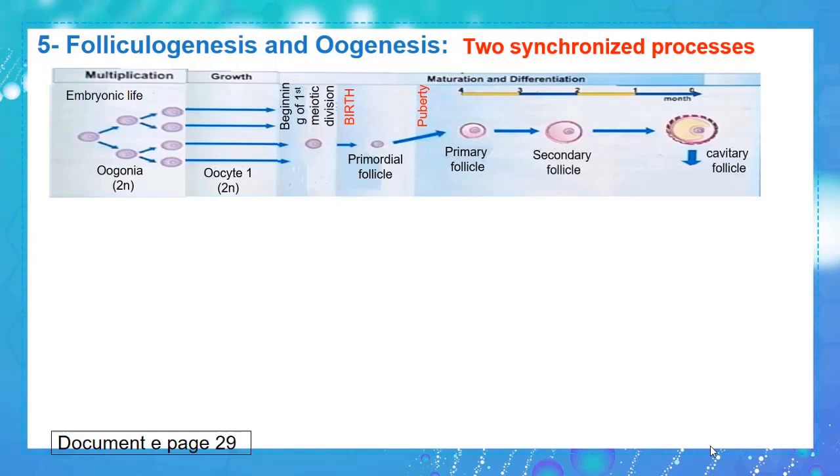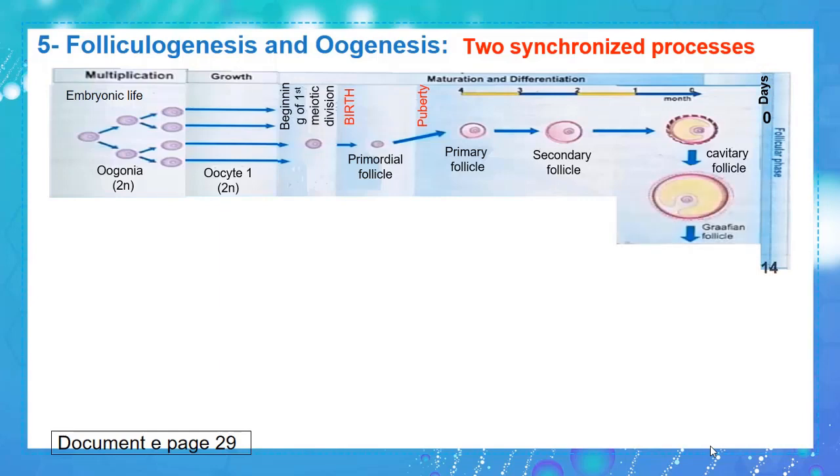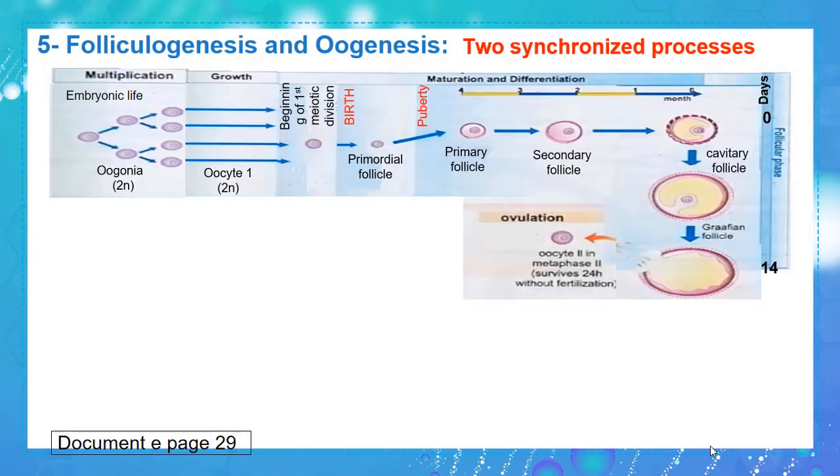At this point, which is day 0, the female cycle starts by the follicular phase, where the cavitary follicle develops into the Graafian follicle, which will be at day 14 ready to rupture by ovulation and release oocyte 2 blocked at metaphase 2.